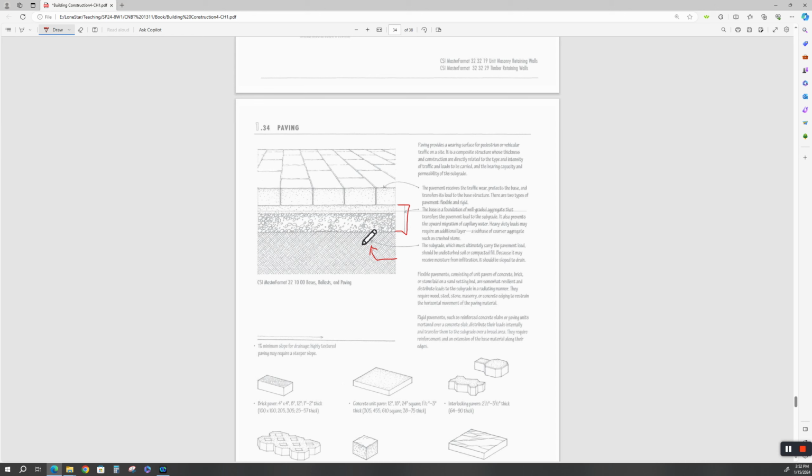Now, all pavements are considered flexible. Even the reinforced concrete roads that you drive over, civil engineers refer to as flexible pavement, because it does flex a little bit. You don't notice it flexing, but it does.